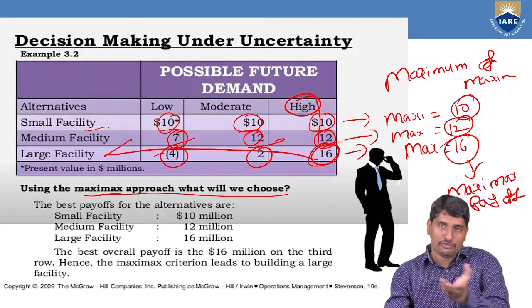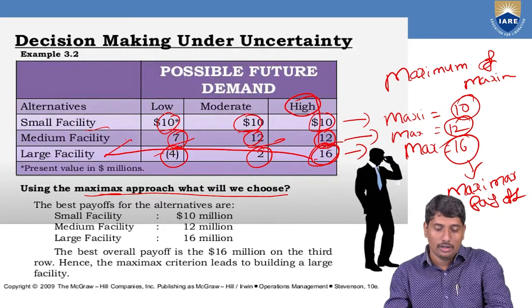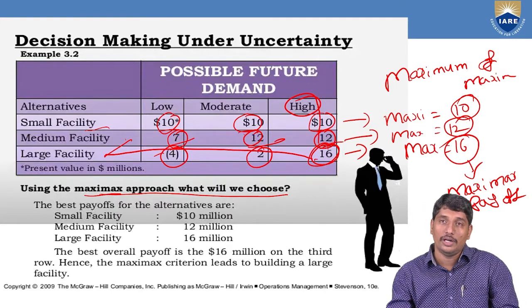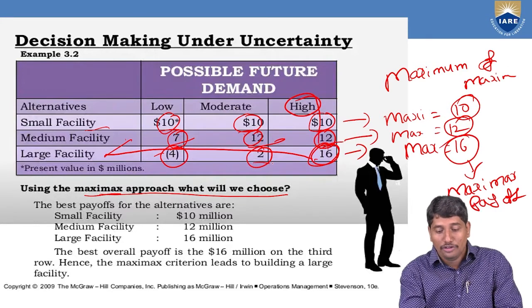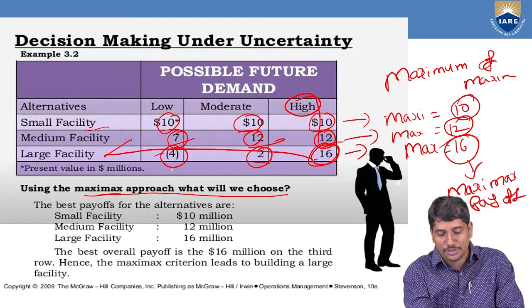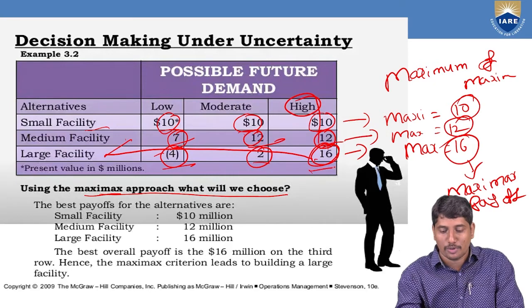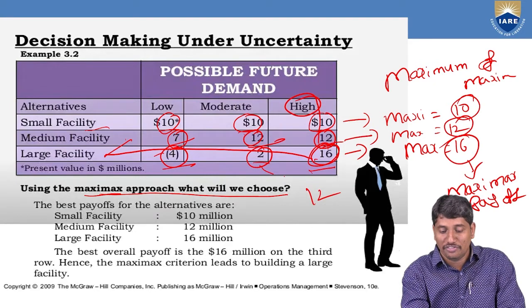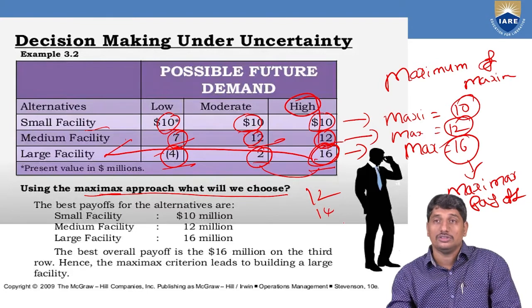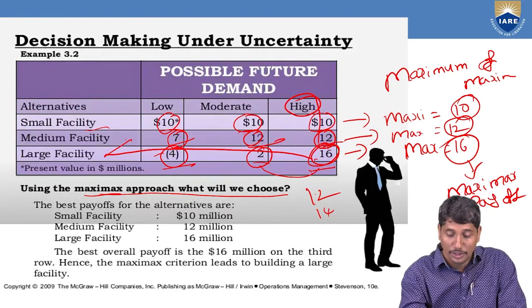Of course there is a risk of having loss in the low demand period and very little profit in the moderate demand, but when you compare, the marginal difference between loss and this profit is $12, and the difference between these two is $14. Sorry, this is $20.